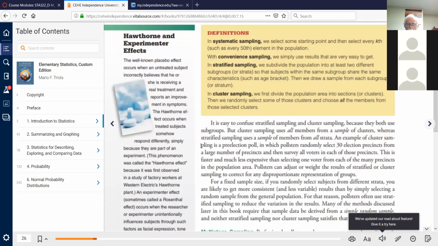So if we're in a large city, let's just take the largest in our region, Denver, where we have lots and lots of wards or the equivalent of wards, where people live, we have a lot of choices. In a city like Loveland, we have 4.